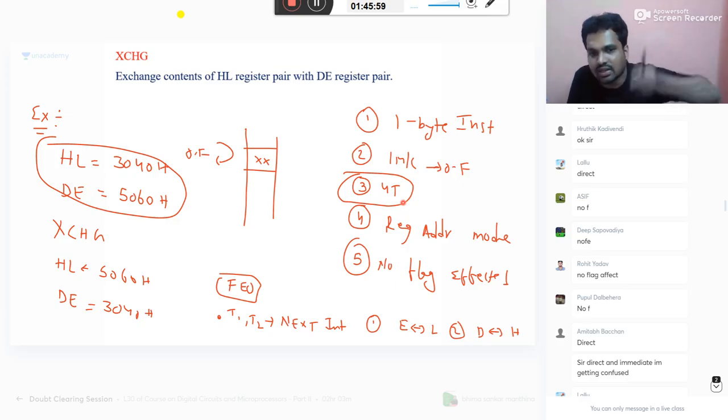To execute, extra time is required. Another 2 T states are required to do this job: L data to E, E data to L, H data to D, D data to H. To do this job, you require extra time. That will be done in the next two machine cycles. While it is doing its fetch, this execute will happen.